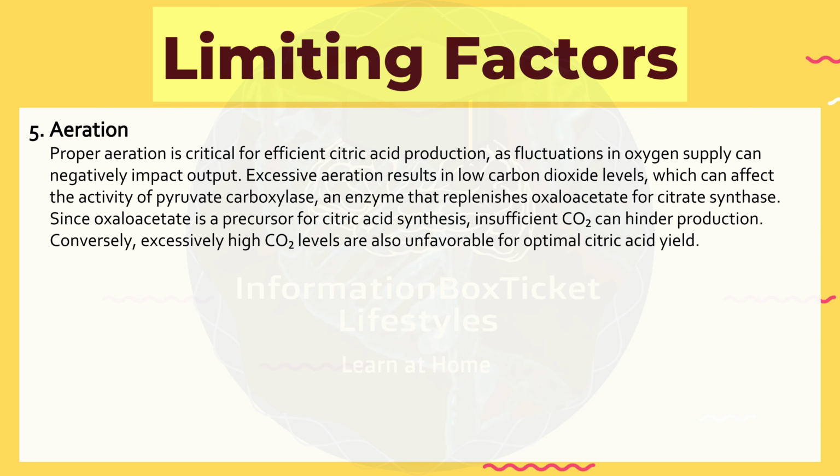Excessive aeration results in low carbon dioxide levels, which can affect the activity of pyruvate carboxylase, an enzyme that replenishes oxaloacetate for citrate synthase. Since oxaloacetate is a precursor for citric acid synthesis, insufficient CO2 can hinder production. Conversely, excessively high CO2 levels are also unfavorable for optimal citric acid yield.